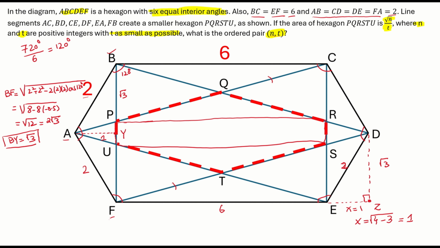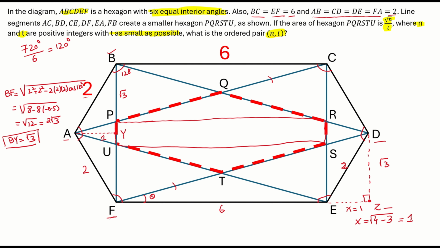Now other than that, if you look at triangle FDZ, this diagonal F and D is making an angle of theta with the horizontal.